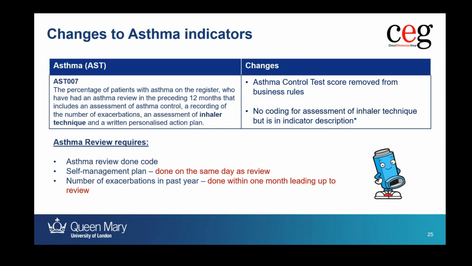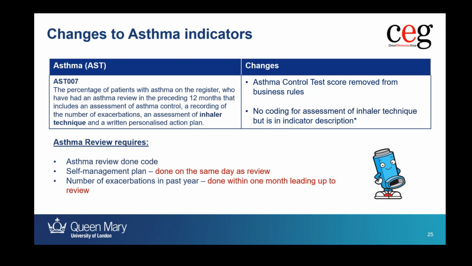And again, for this year, the assessment of inhaler technique has been included in the description of the indicator, but no coding has been included in the business rules so far, although this could change. Either way, it's a good idea and best practice to include this in the review.